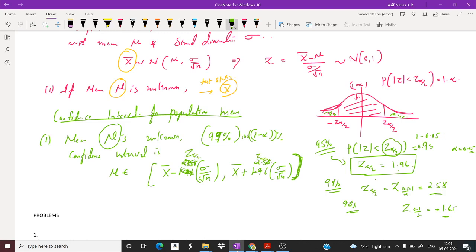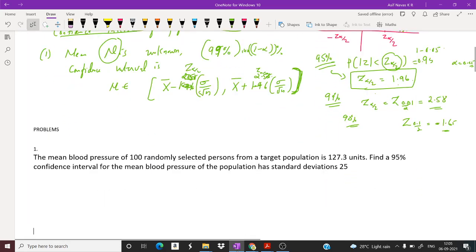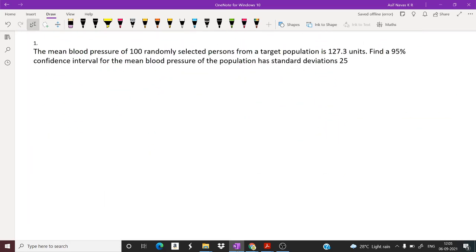Okay, so we will do one more problem. The mean blood pressure of 100 randomly selected persons from a target population is 127.3 units. That means the mean of the 100 randomly selected samples is 127.3. Find a 95 percentage confidence interval for the mean blood pressure of the population, which has standard deviation 25.